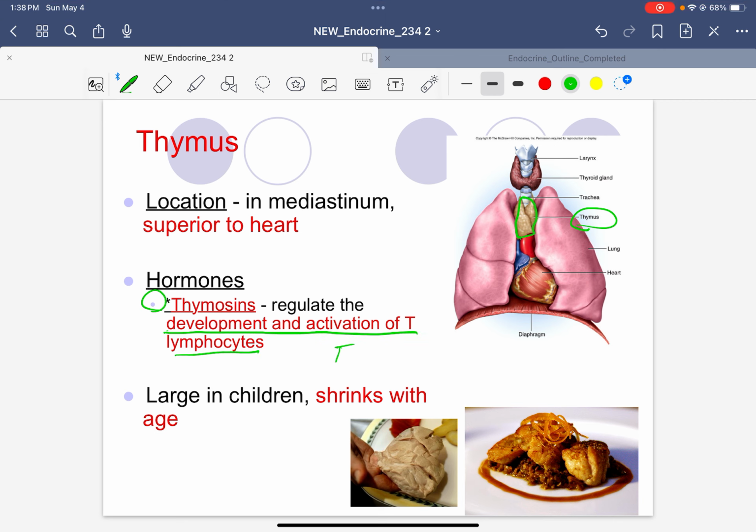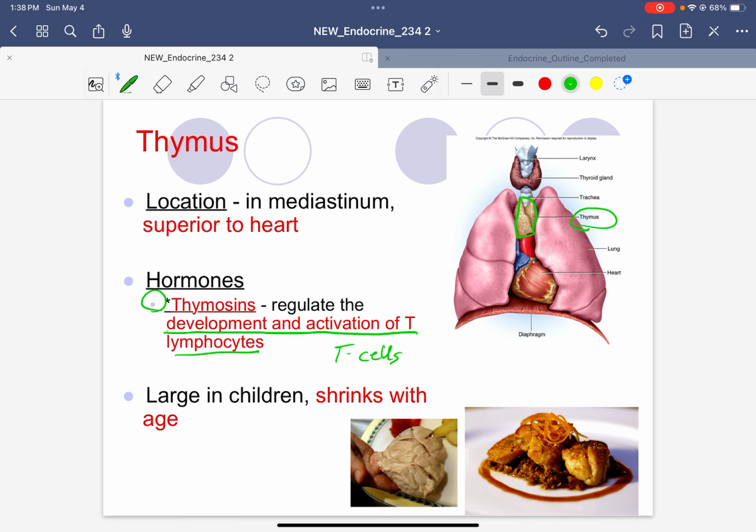Remember our lymphocytes? We had B as in boy, B cells, and T cells. Well, T cells go to the thymus to be matured or developed, and this is also where the regulation of T cells happens. Development and activation of T cells.